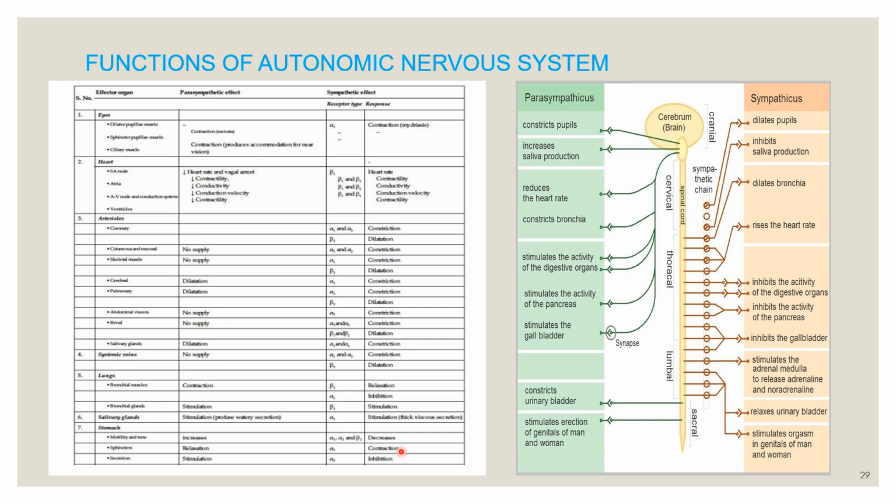The sphincters will relax because of the parasympathetic effect, and because of the alpha 1 receptors, the sphincters will contract upon sympathetic effect. Secretion is stimulated by the parasympathetic nervous system, and because of alpha 2 receptors, the secretions are inhibited by the sympathetic nervous system. And the remaining ones are not shown here.